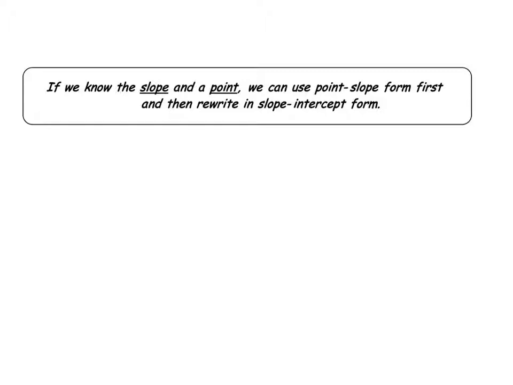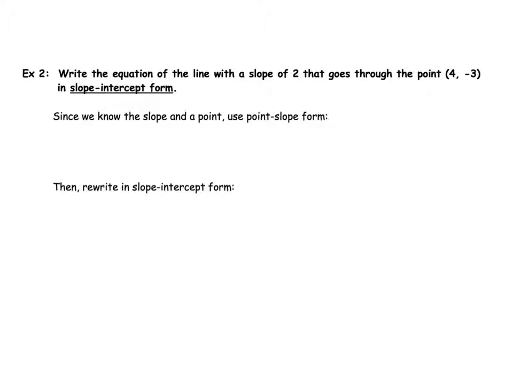Another cool thing about point slope form is if we know the slope and we know the point, we can use this form first and then rewrite it into slope-intercept form. An example of this is as follows. Write the equation of the line with a slope of 2 that goes through the point 4, negative 3 in slope-intercept form.